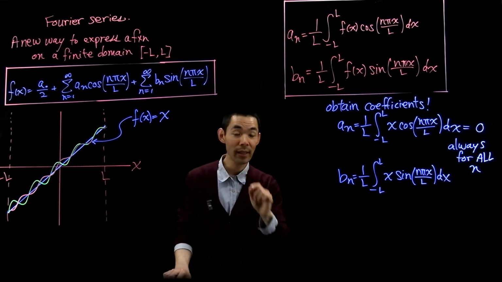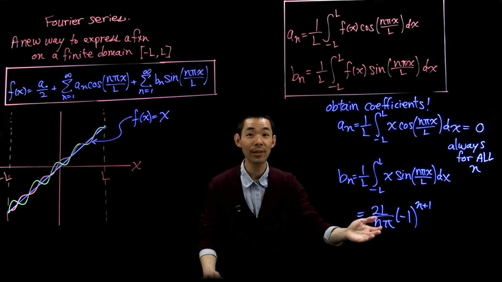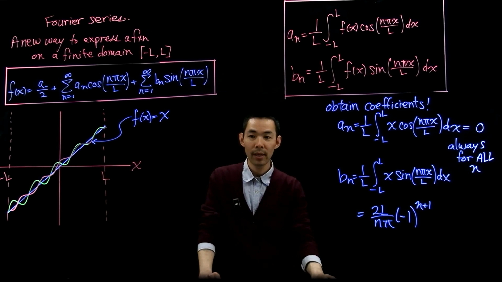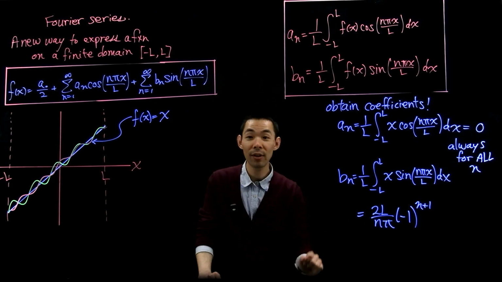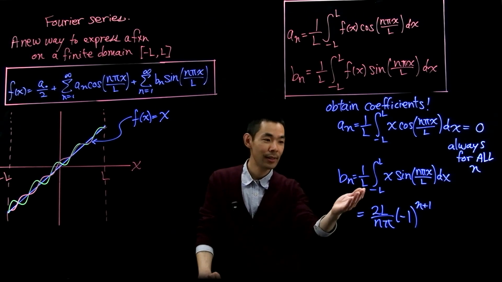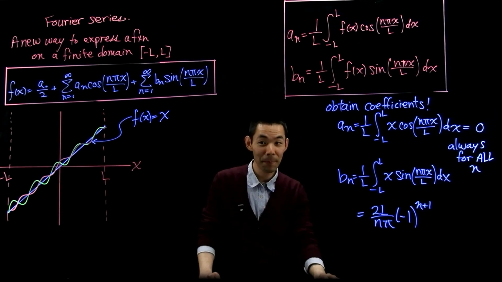In fact, it oscillates like -1 to the n power. So we can write the solution to this, and it looks like the following. The n pi out front canceled the denominator's n pi squared, so I just have a linear n pi on the bottom. Upstairs, I have 2 times L squared, but that canceled out my 1 over L, so I just get a linear 2L.